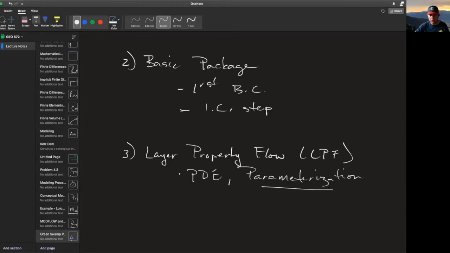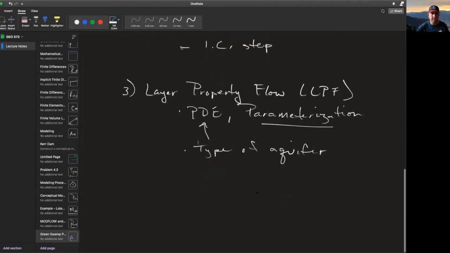But most importantly, how are we going to parameterize it? Here we're going to tell it about the type of aquifer, and when we do that, we're going to tell it the PDE to solve. So layer property flow: PDE, parameterization.